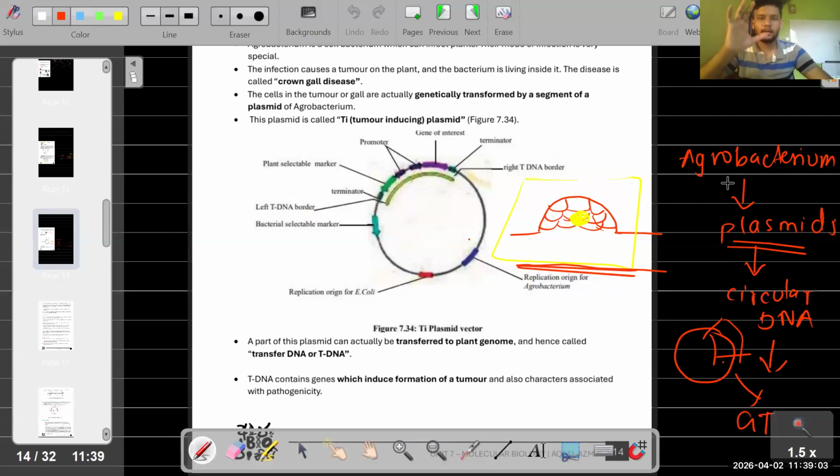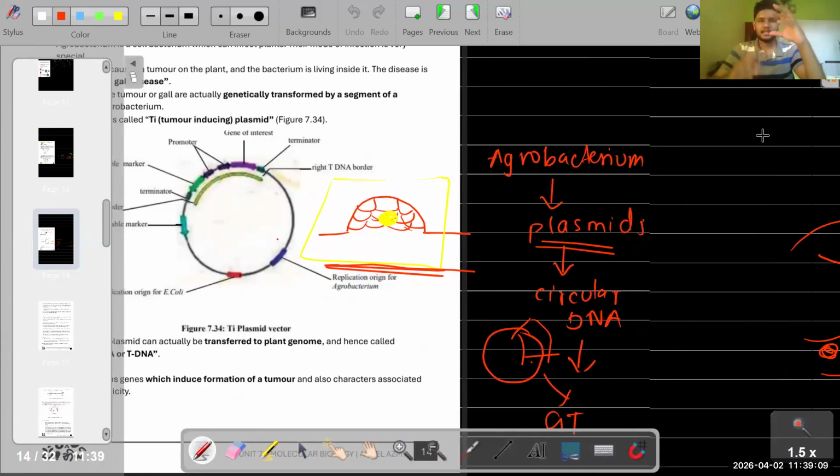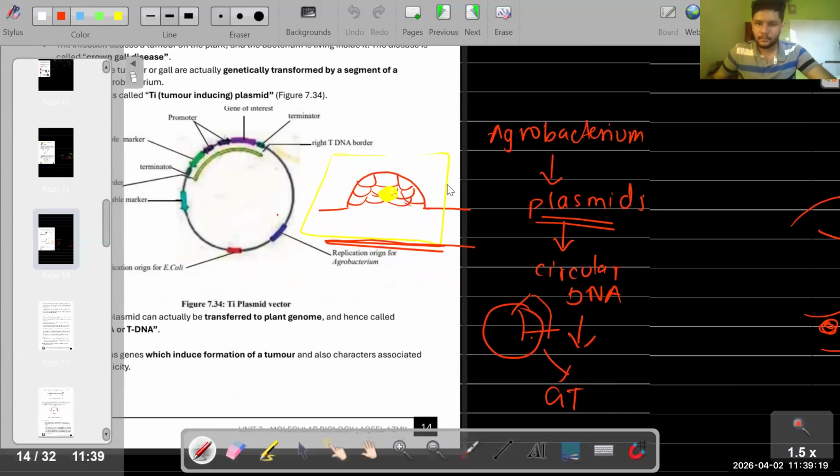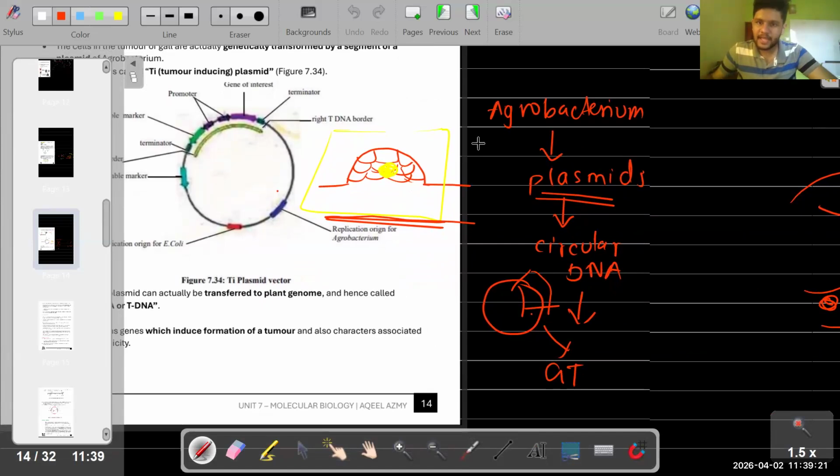Right. Now you can remember the picture which I showed. With that, let's go. The bump structures which I showed you are the tumors. Internally, they have cells. Those cells are actually formed by the segments of the Agrobacterium plasmids.